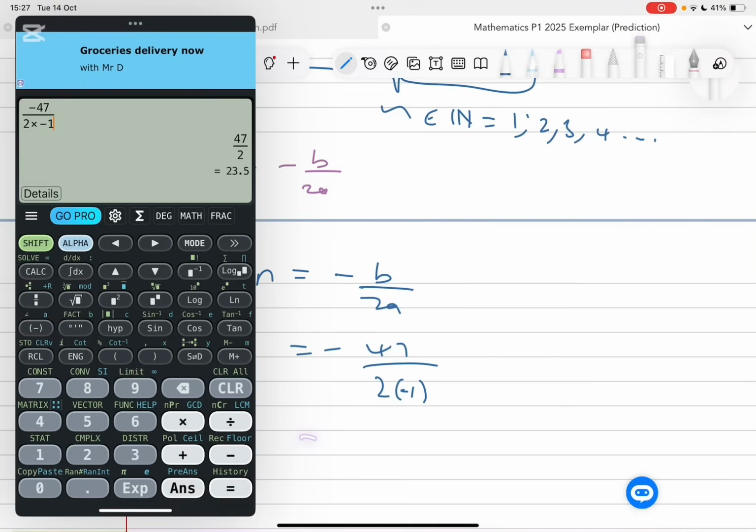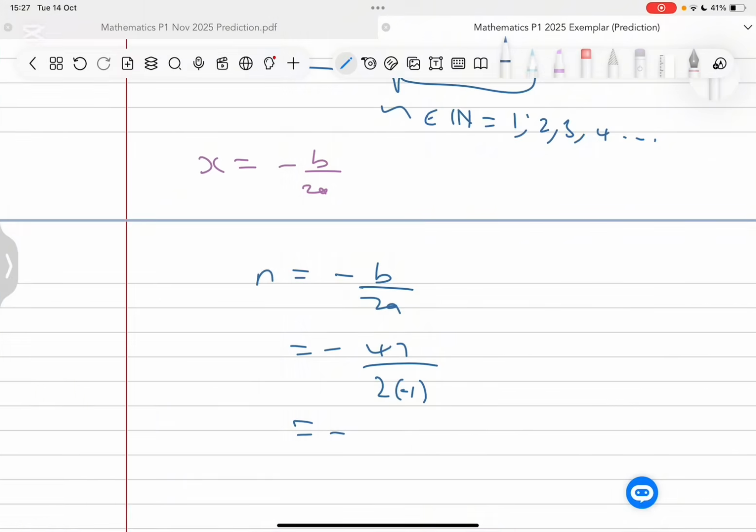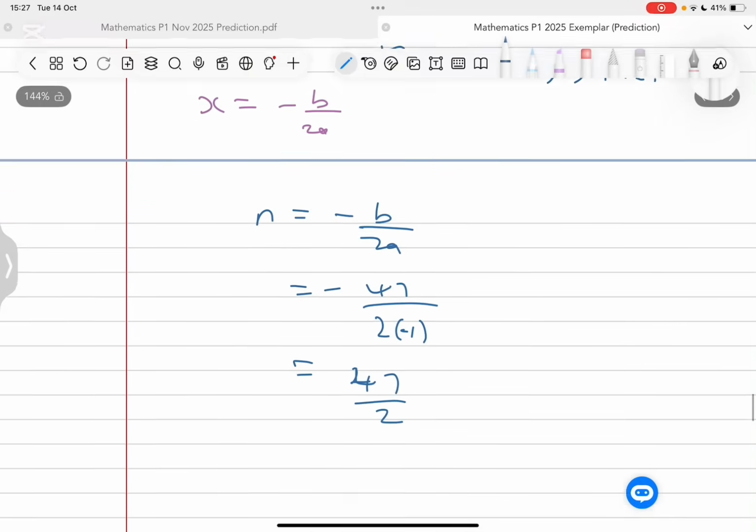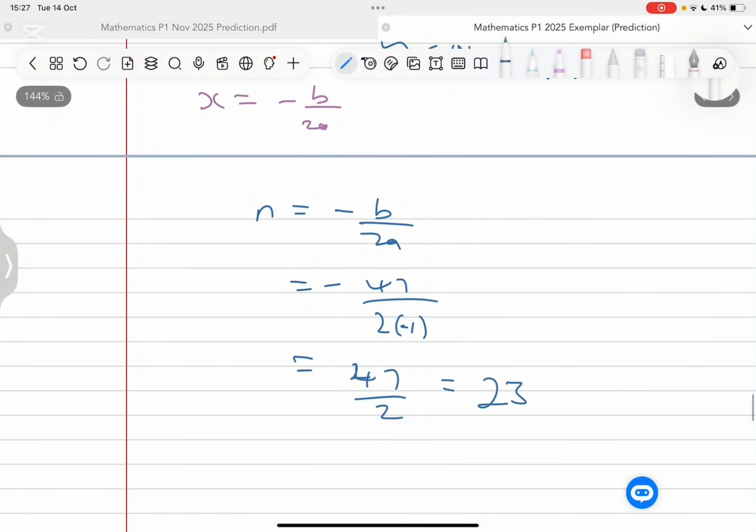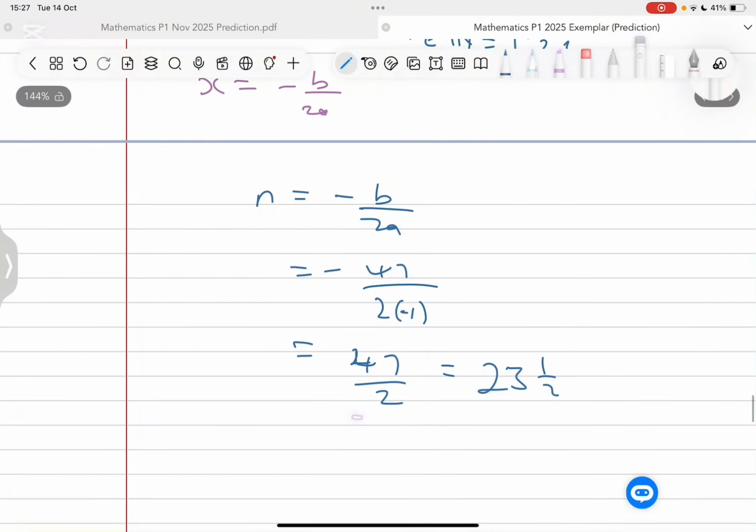It's not a negative, it's going to be positive 47 over 2, and this can be written as 23 and 1 over 2, because 2 goes into 47 23 times with a remainder of 1. You can leave your answer either way, it doesn't matter.